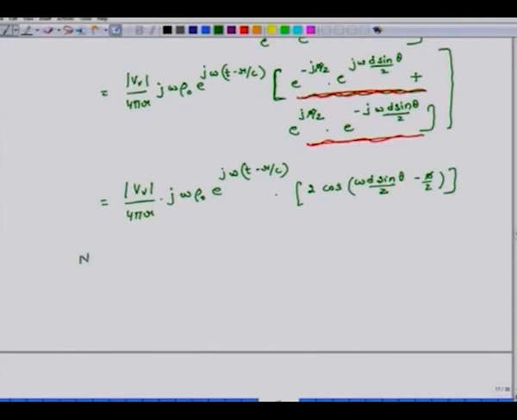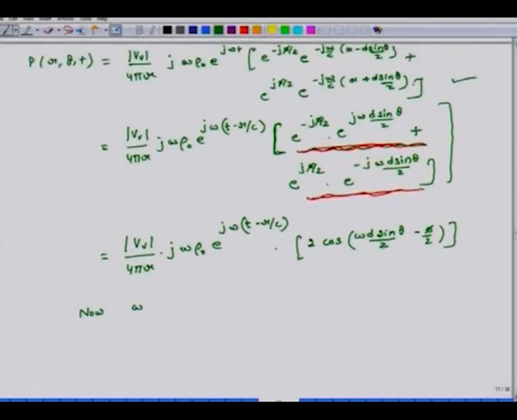Now, I think I am missing a c here. There should have been a c here and a c here.